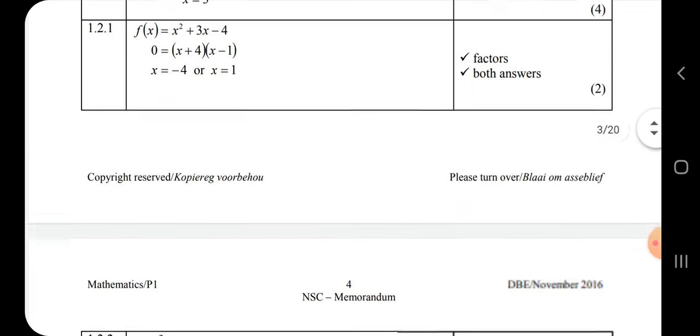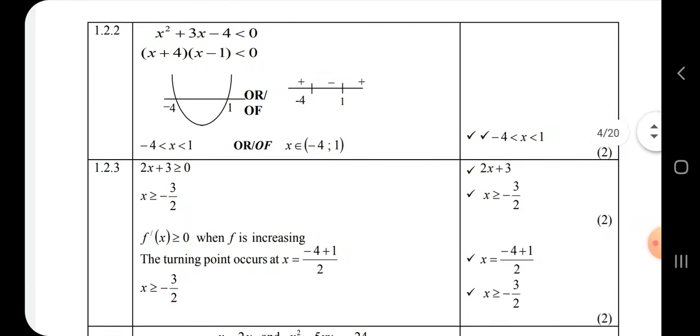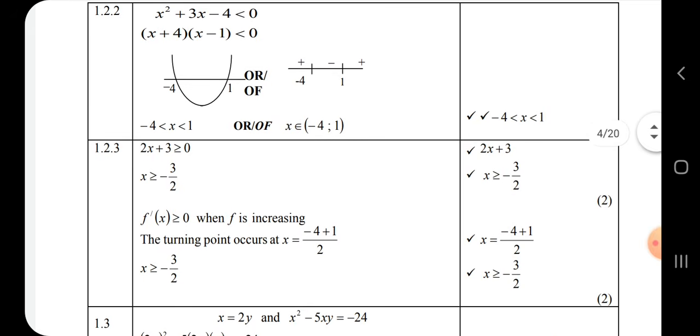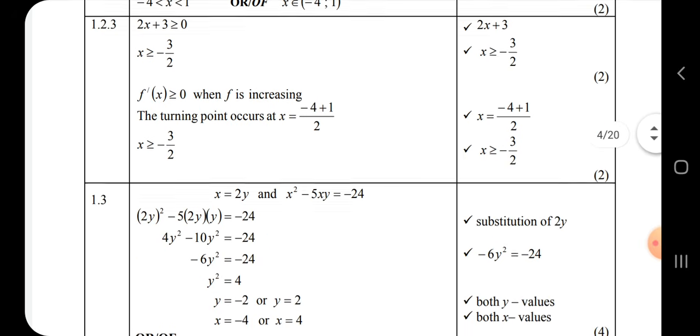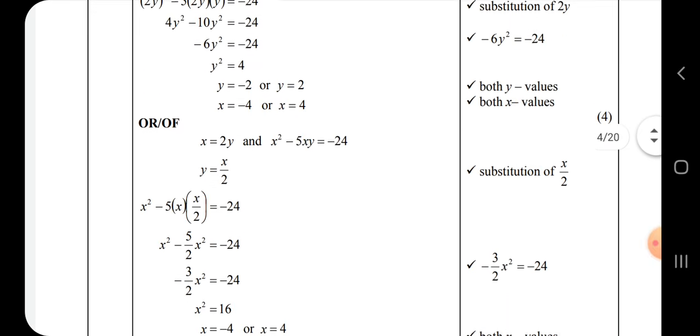You see the negative 4 and 1. Guys, that is the easiest thing. If you do it like that and you understand that part, then you will never lose out on these marks.